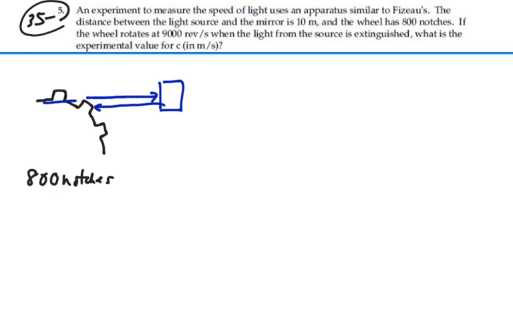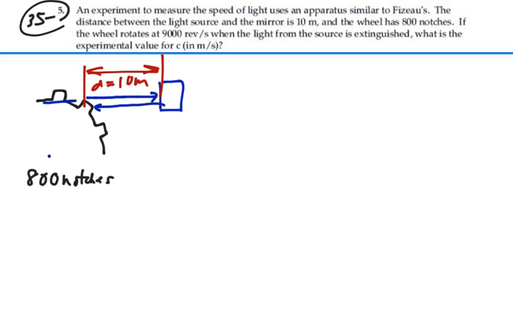And when it comes back, it hits one of the notches, and that's why we know that the light is extinguished. So we keep on speeding it up until the point at which we see that the image is extinguished.